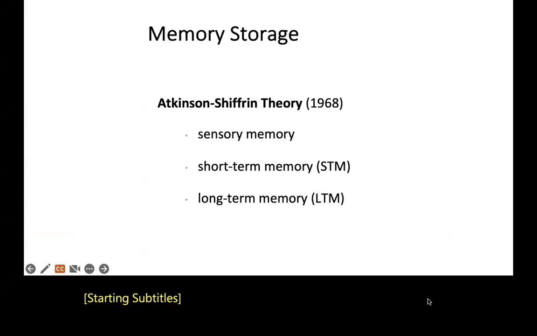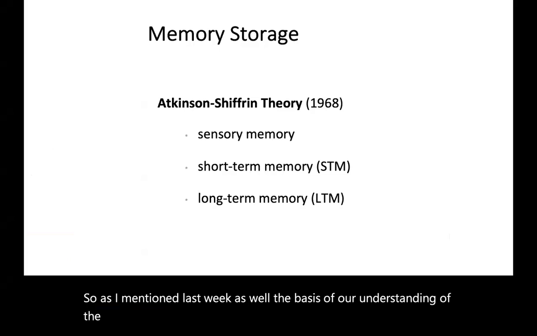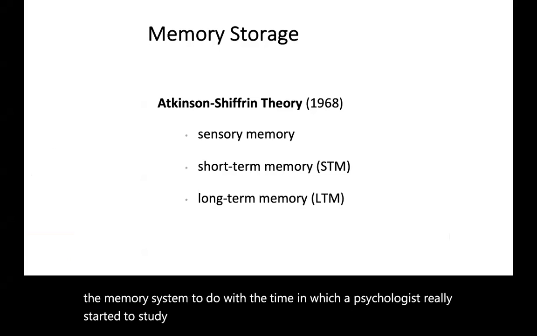Okay, so as I mentioned last week as well, the basis of our understanding of the memory system has to do with the time in which psychologists really started to study memories. And the first model, which is still applicable today, is the Atkinson-Shiffrin theory of memory.